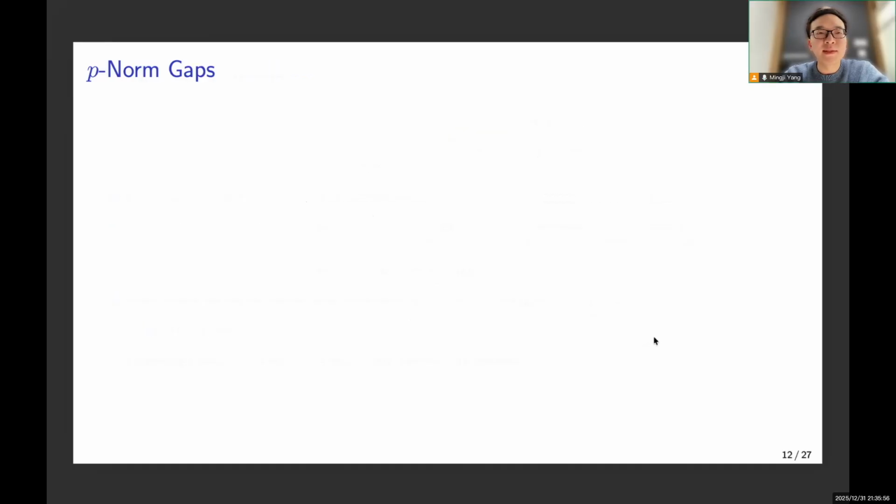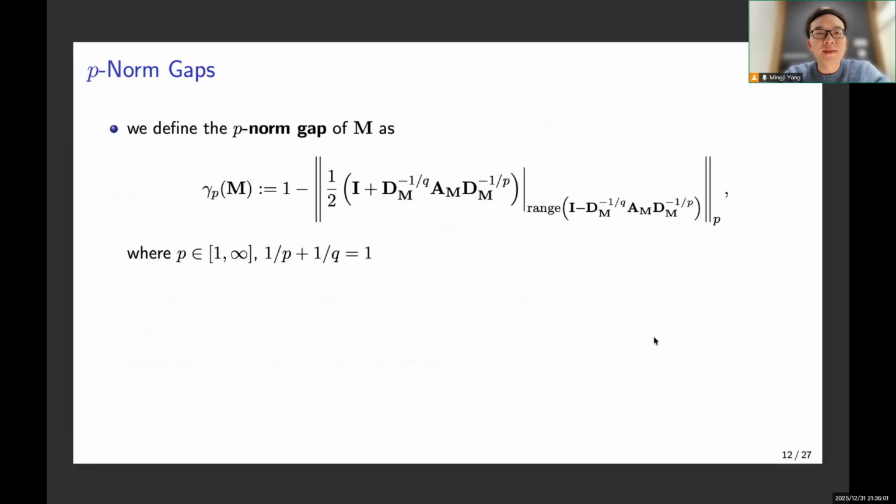To remedy this, we define the p-norm gaps with a slight modification of this quantity we just saw. We denote the p-norm gap as gamma sub p of M, and we replace the matrix we just saw by its average with the identity matrix. And also, we only consider the induced p-norm of this linear map restricted to this relevant subspace.